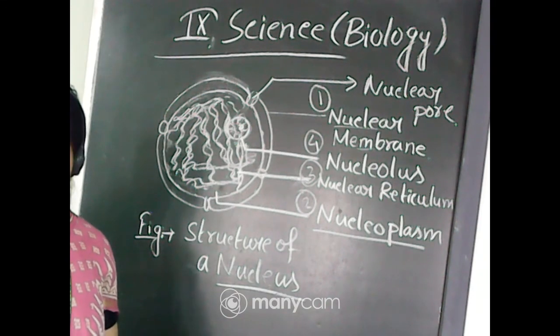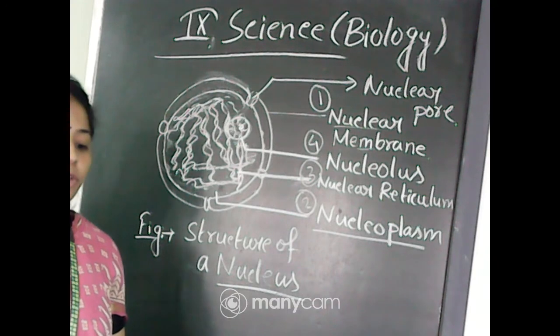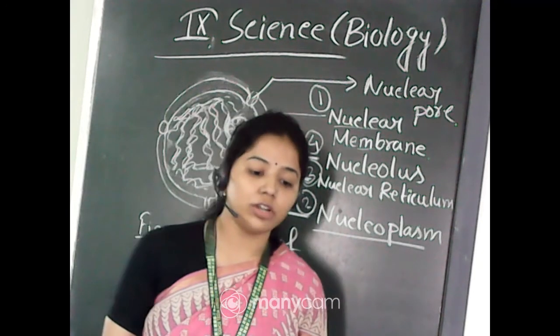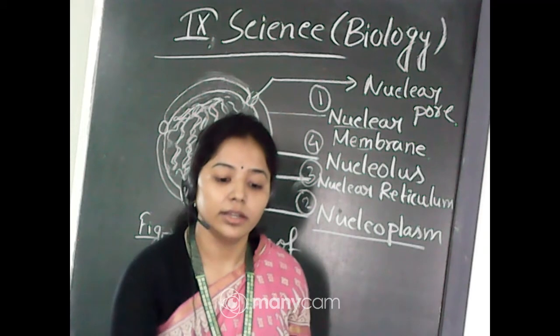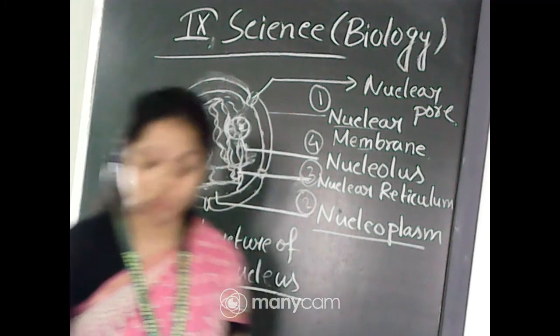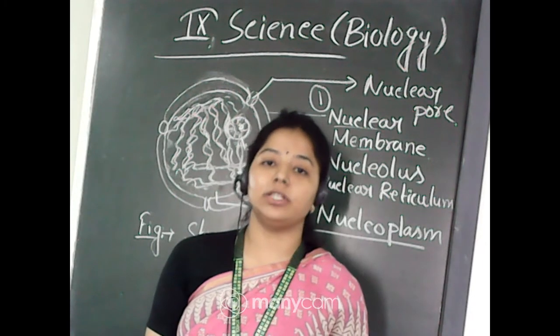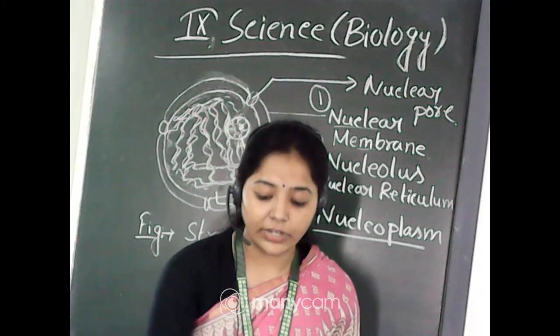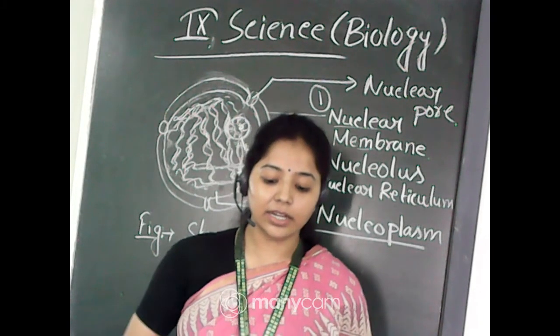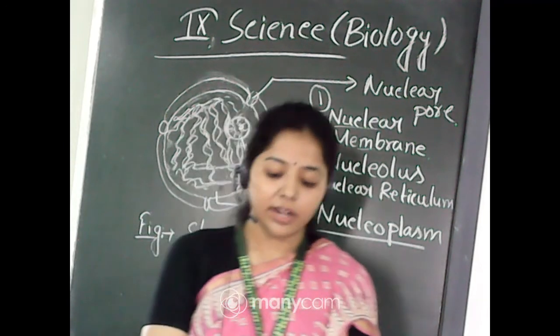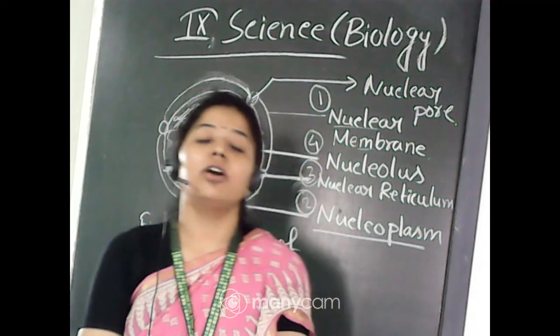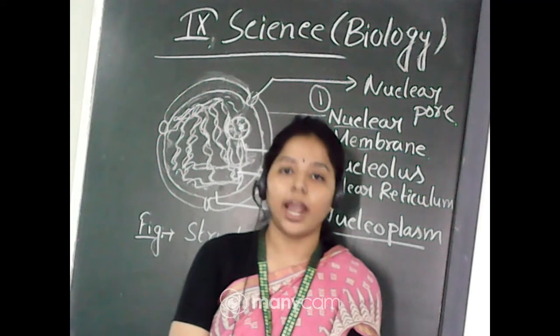I have told you that nuclear reticulum is the floating part, and there are some nuclear proteins also. Same as chromatin material. Now in the chromosome, genes are present. As you know, DNA in the chromosome contains information for inheritance of characteristics or features from one generation to another generation.